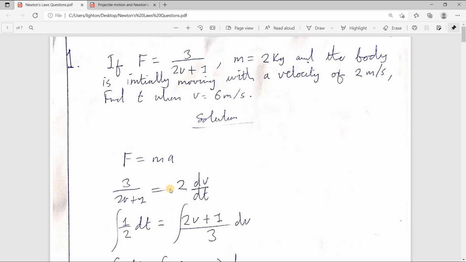We rearrange the terms such that this function containing v is associated with the dv part here. As you can see, it's just about rearranging such that we can write it in this way: 2v plus 1 over 3.